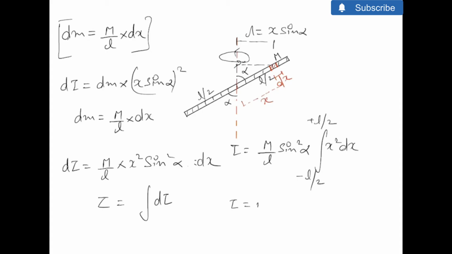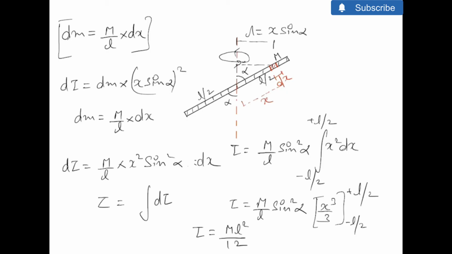So I will be equal to m by l sine square alpha, and this is x cube by 3, and limit would be from minus l by 2 to plus l by 2. So you can see that I would be equal to m l square by 12 sine square alpha. So this is the moment of inertia of this rod about this axis.